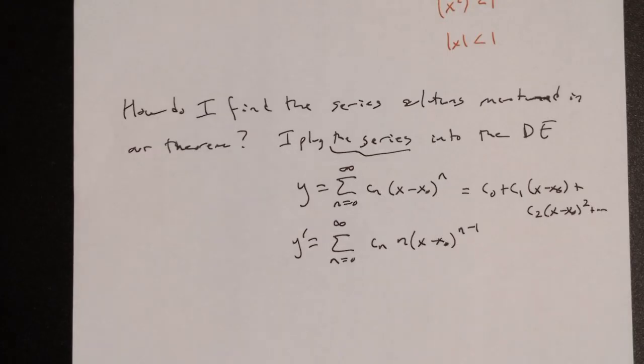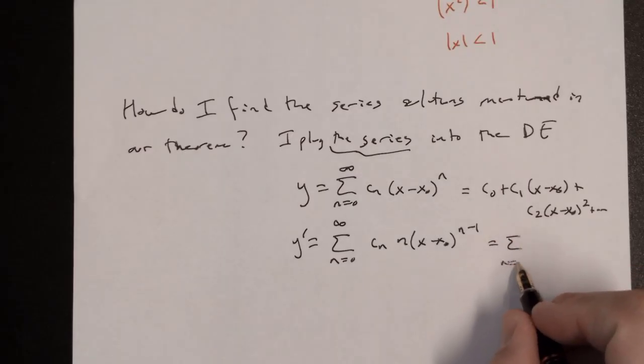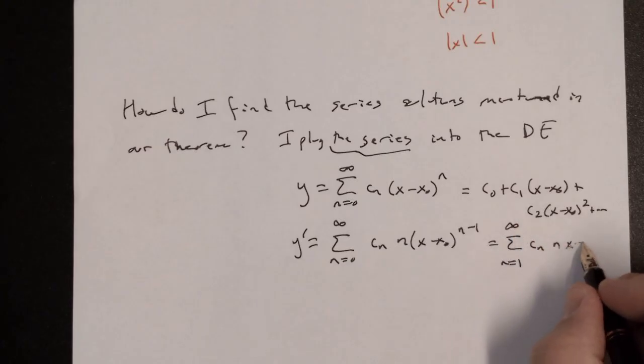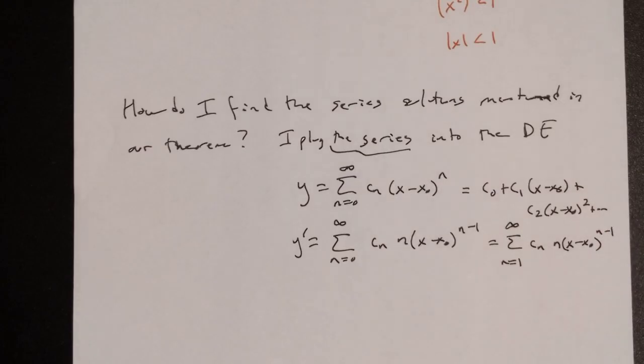Now, please notice that when I put in 0 for n, what do I get here? I get 0. So really, I could start this at 1. Because when I put in 0, I get 0.